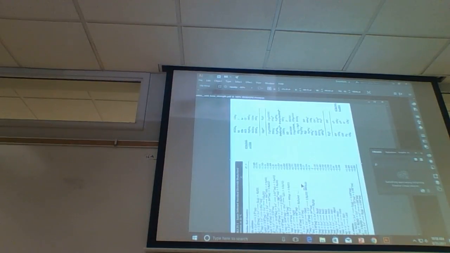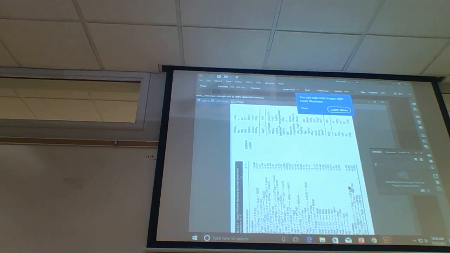Control R. Control D and then. All right. Well, they just re-imaged these computers, so they had Acrobat. That's just rotated easily in Acrobat.